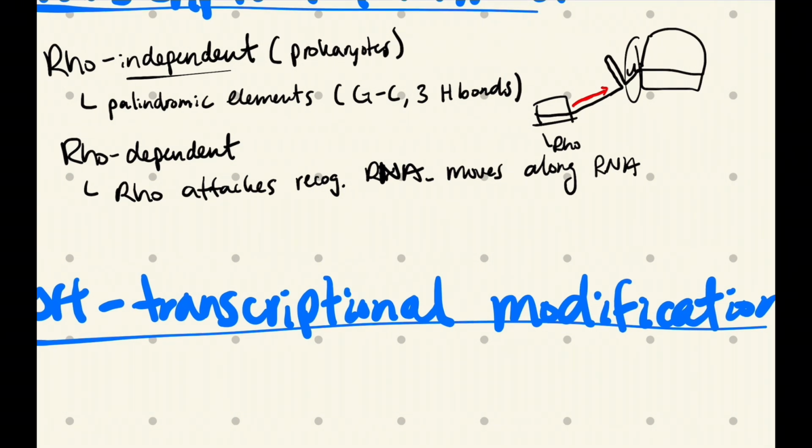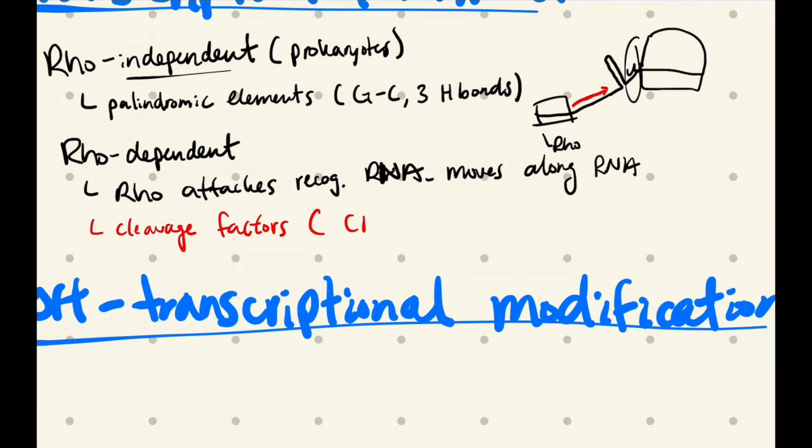Now, additionally to that Rho-dependent termination, you can also have some things called cleavage factors. So cleavage factors are going to bind to certain sequences in your RNA, and it's actually just going to cleave that RNA. So, for example, you can have these two cleavage factors.